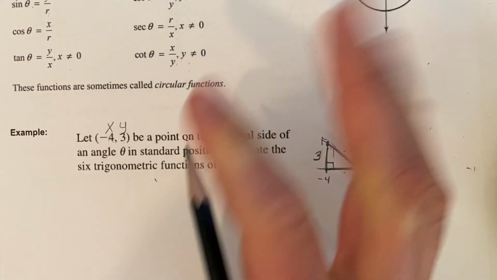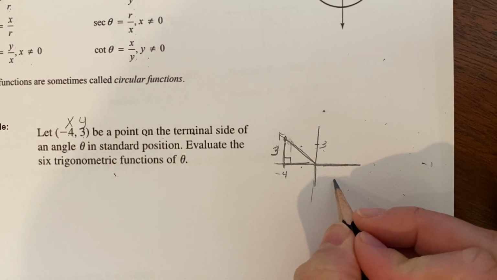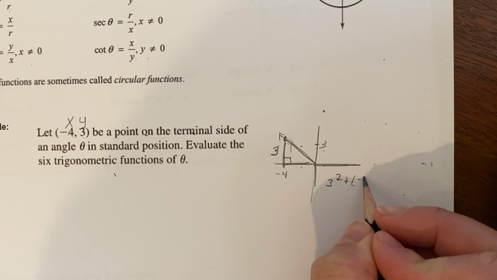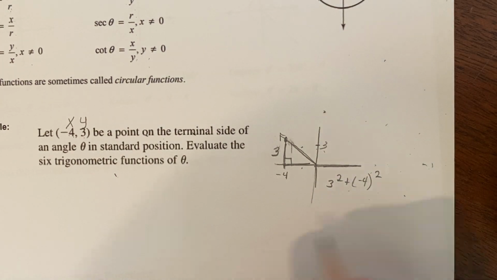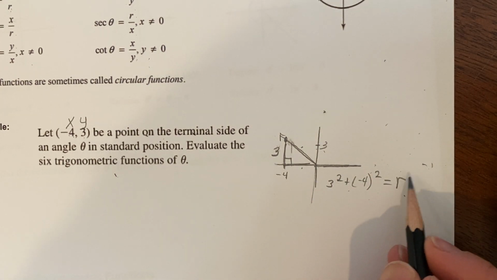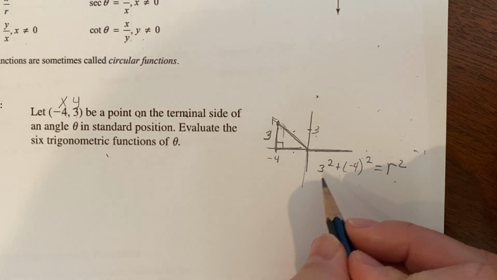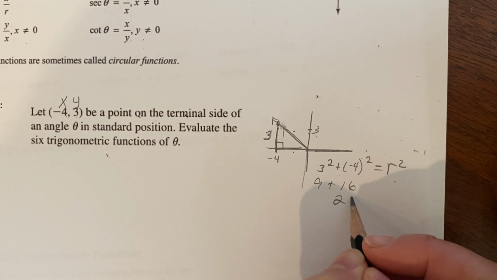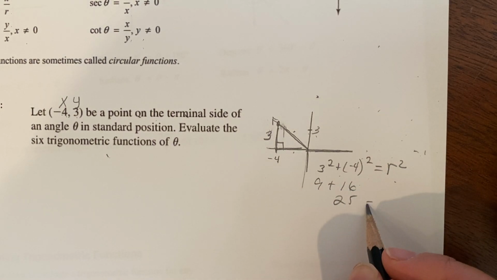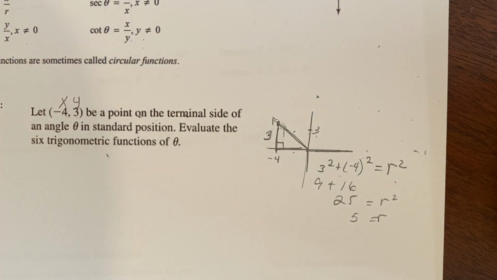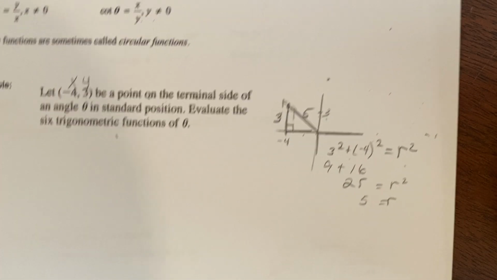And then you can always do Pythagorean theorem because we have our 2 sides. Okay, so that's our formula for that. Go ahead and finish it. So that's your r squared, so r is going to equal 5 when you take the square root. So now we have the 3 sides that we need for our triangle to set up our 6 functions.